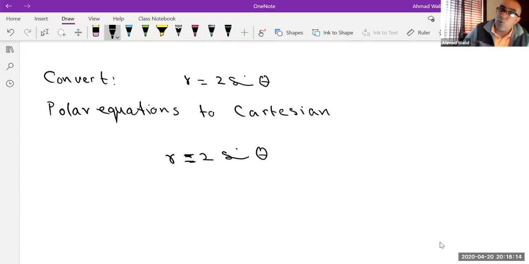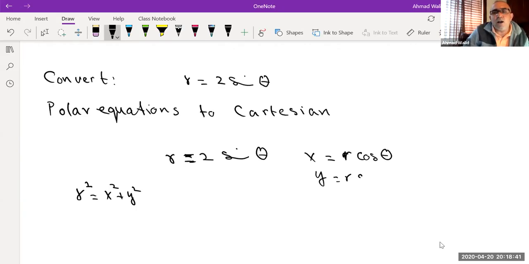Now, I want to convert this equation to Cartesian. You know, we have r squared equals x squared plus y squared. And in polar, I know x equals r cosine theta and y equals r sine theta.